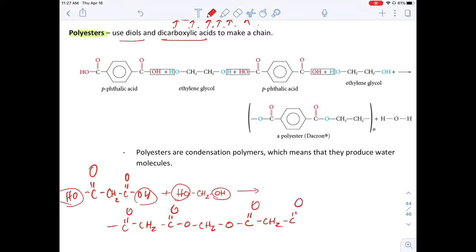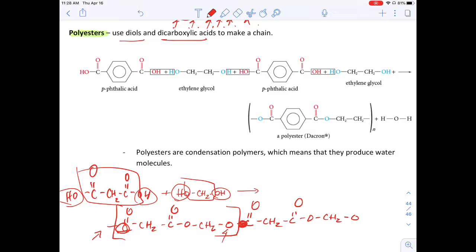And so you get this kind of repeating sequence where I get one of these, an oxygen, and then this, and then it just links like that. If we look here, you can see that this has this in it and this, right? And the next thing that would attach here is going to be an oxygen like this, and the thing that would attach here is going to be a carbon like this.